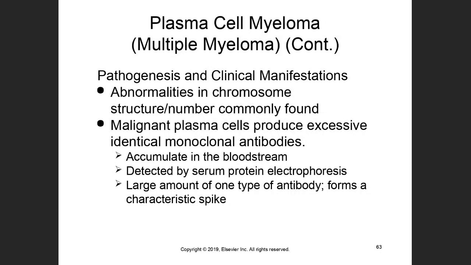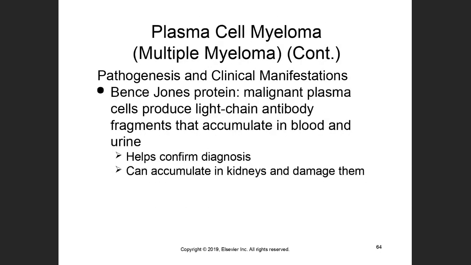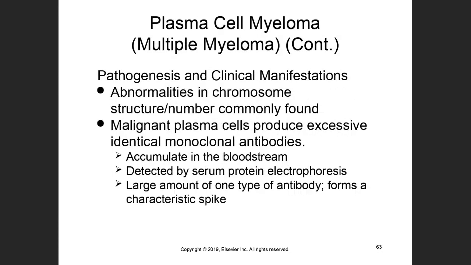They have something called, let me see if they describe it right here. Okay, they don't describe it, but they have what we call CRAB symptoms. CRAB symptoms are calcium problems, anemia, renal problems, and I don't remember the other one, but those are the main characteristics.